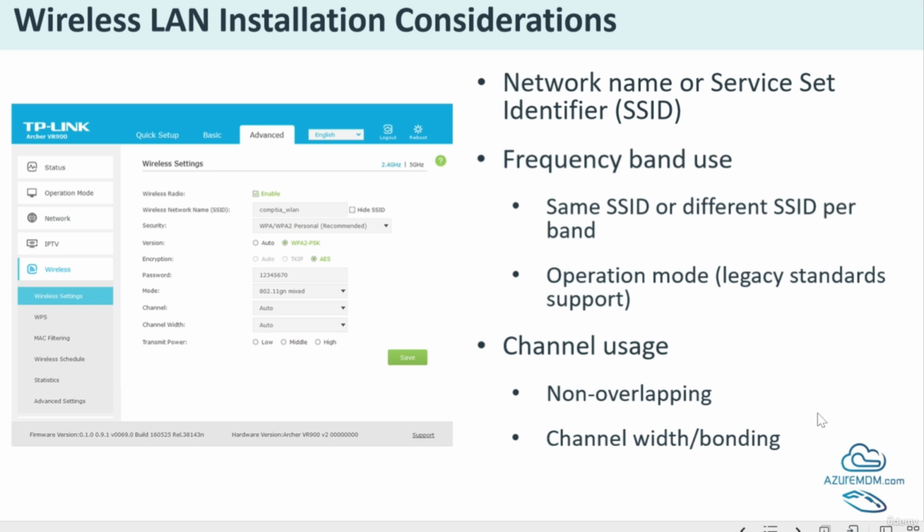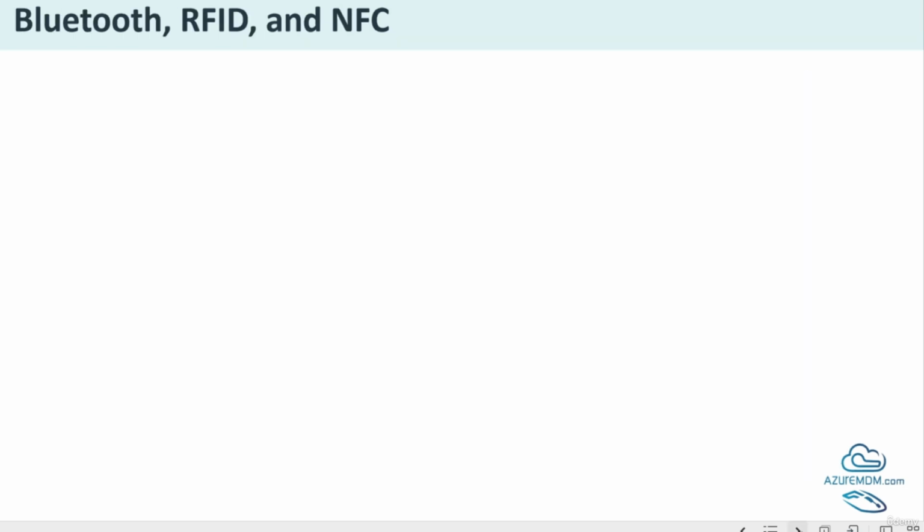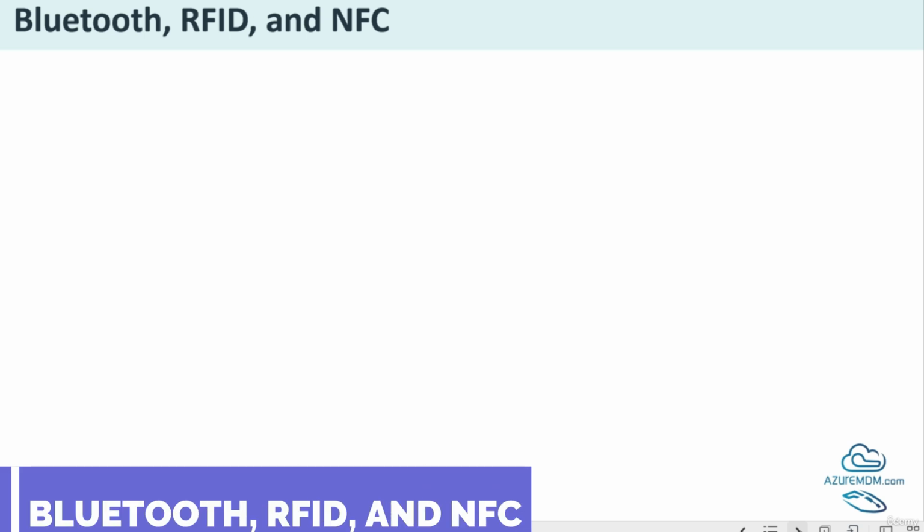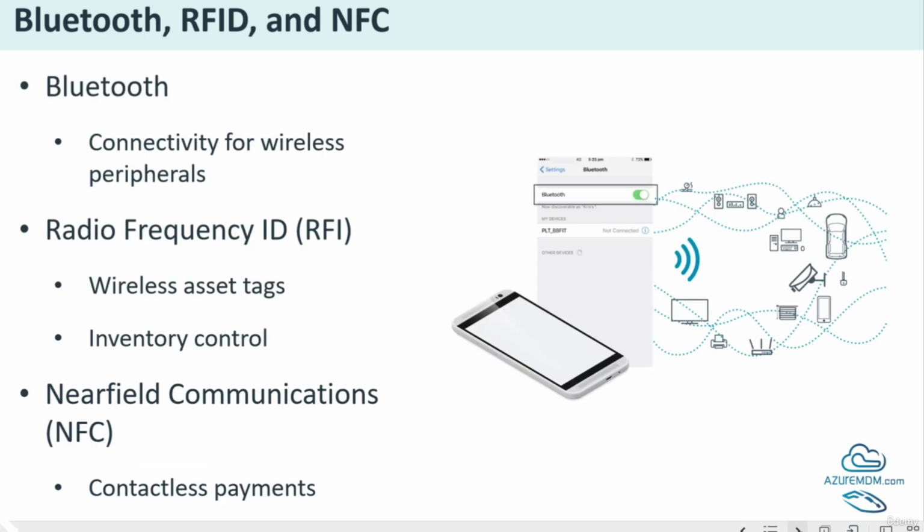Now let's understand the next topic: Bluetooth, RFID and NFC. So what is Bluetooth? It is a wireless tech for connecting devices like headphones, keyboards, mouse, and other devices that we use nowadays. Radio frequency identification, RFID, uses radio waves to track and identify objects like inventory in a warehouse.